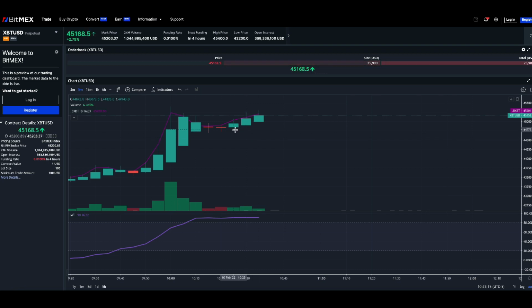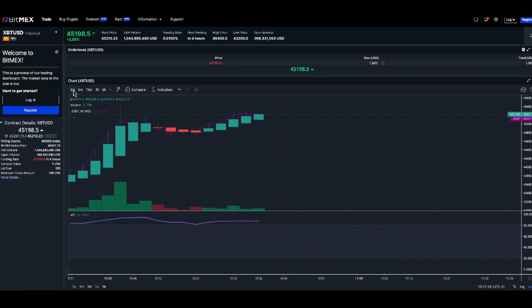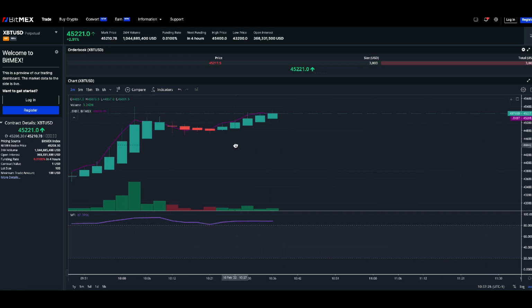We already see weaknesses. Alright, so I'm expecting 3 to 6 candles, we could see a reversal taking place. So let's just wait. Over here, I want to show you exactly. We have a small tail here, 3 to 6 candles. Probably the next candle here, we could already see weaknesses.